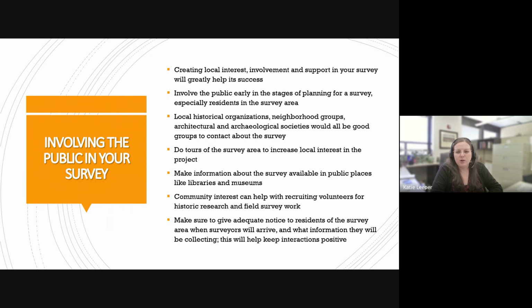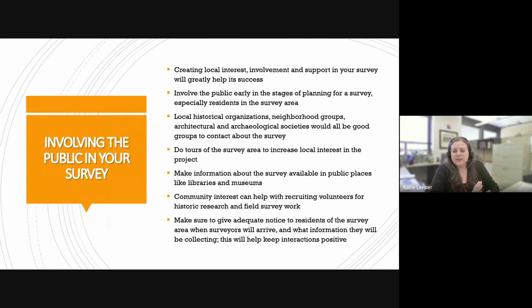But we are creating survey forms and inventory forms that you are going to be able to use, and they should be simple enough to use that you can have volunteers filling out the information, and they can work with you for these surveys. You will not need necessarily a professional, someone with those SOA qualifications. And this is a great way for people to get involved in their community.